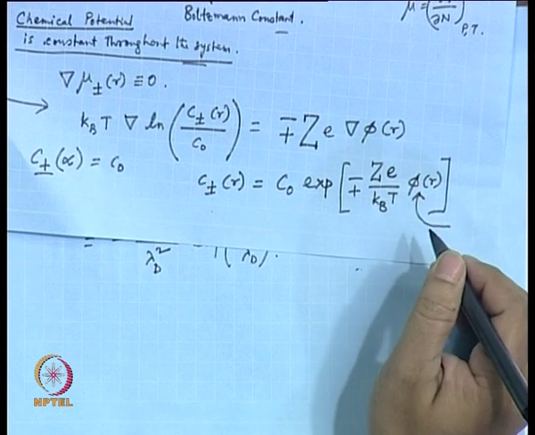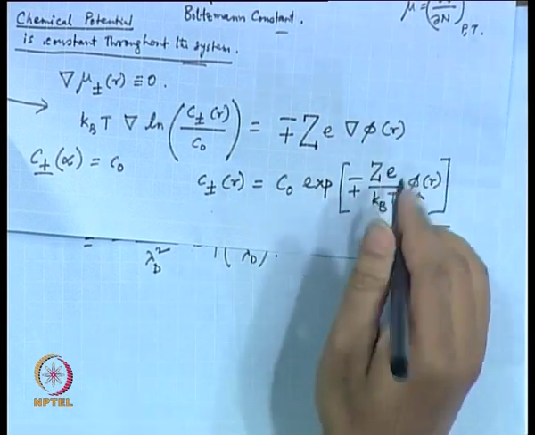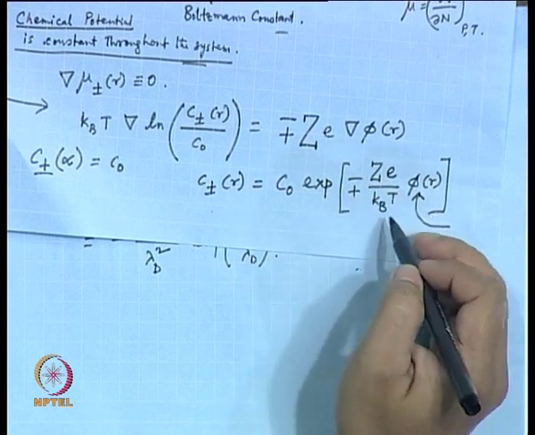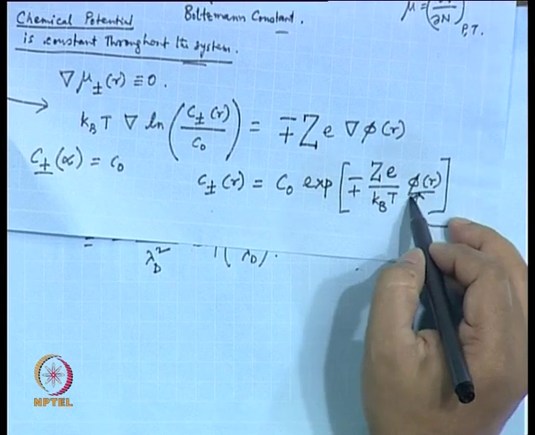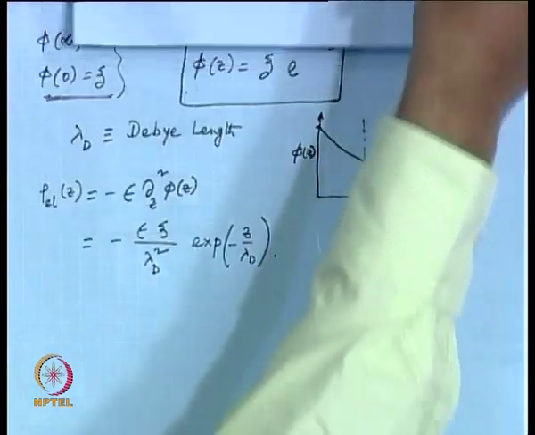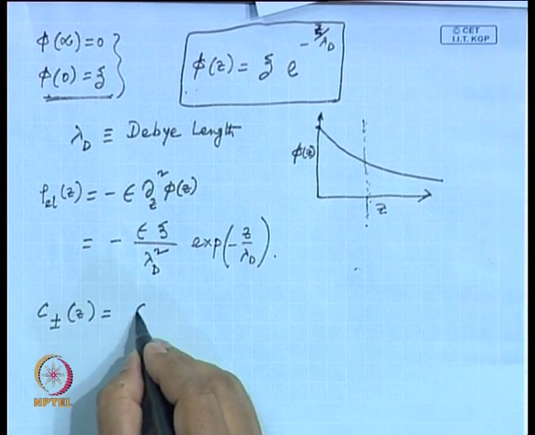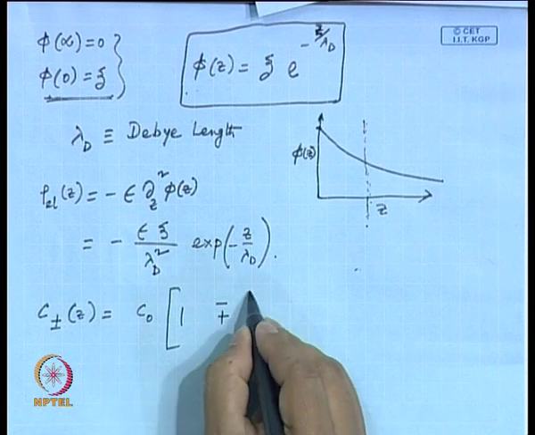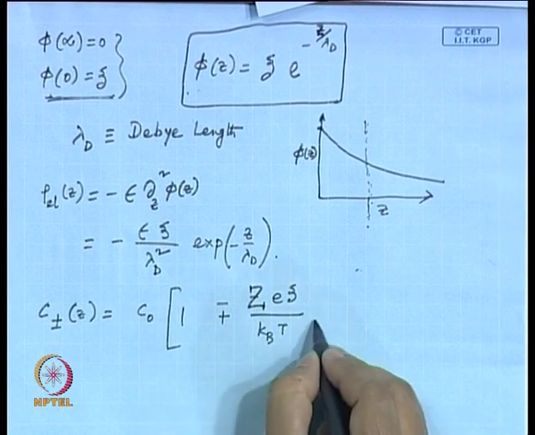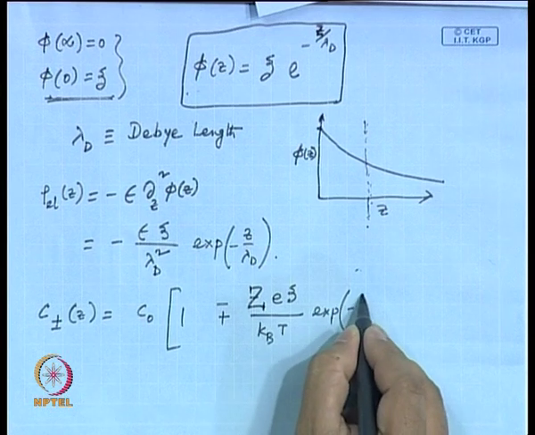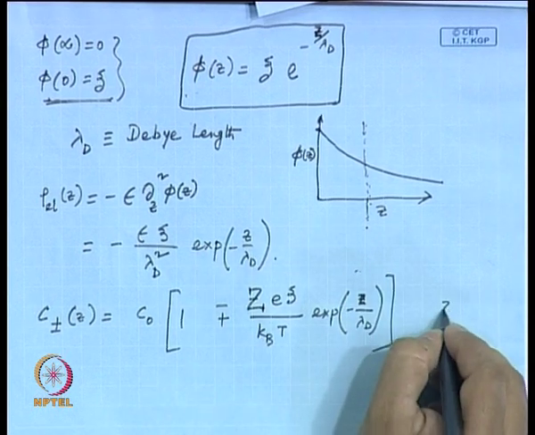If you take this exponential quantity, expand it in a Taylor series, and put in zeta for phi, you will get C equal to C0 times 1 minus z E zeta divided by kBT, where z is the valence number, times exponential of minus distance z by lambda d, for z greater than 0.